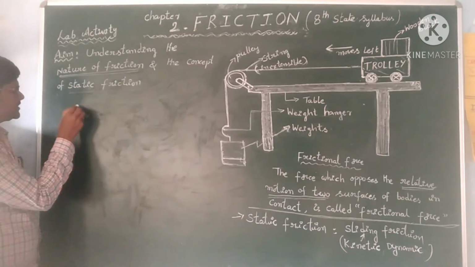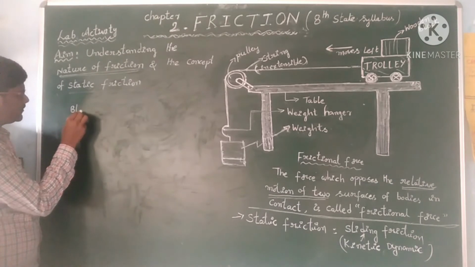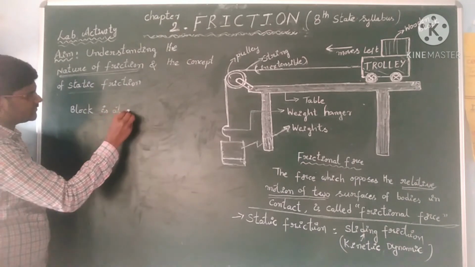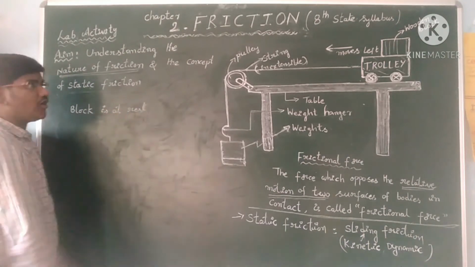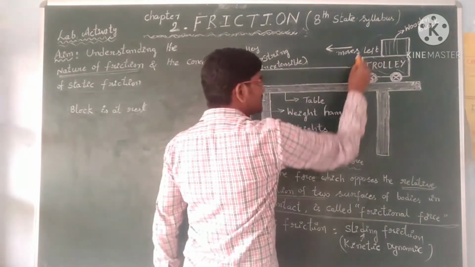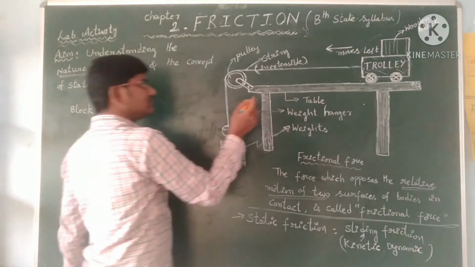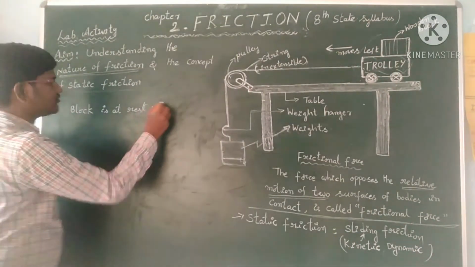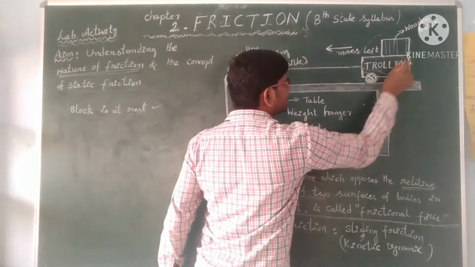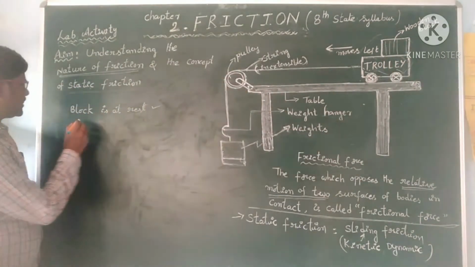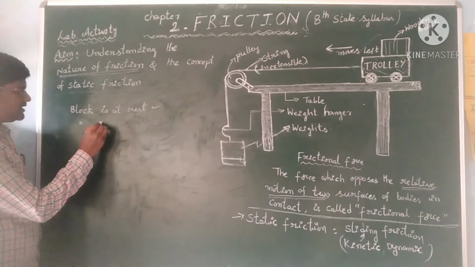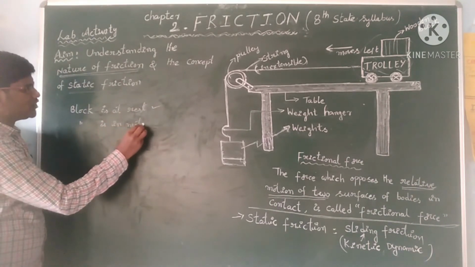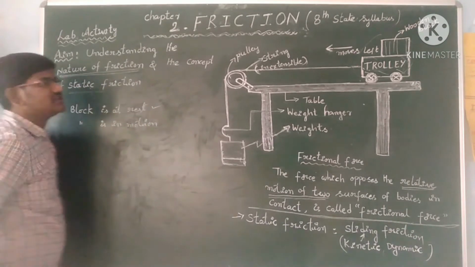And the wooden block is at rest. These two are moving, but the block is at rest with respect to the surface of the trolley, and the block is in motion with respect to the table.